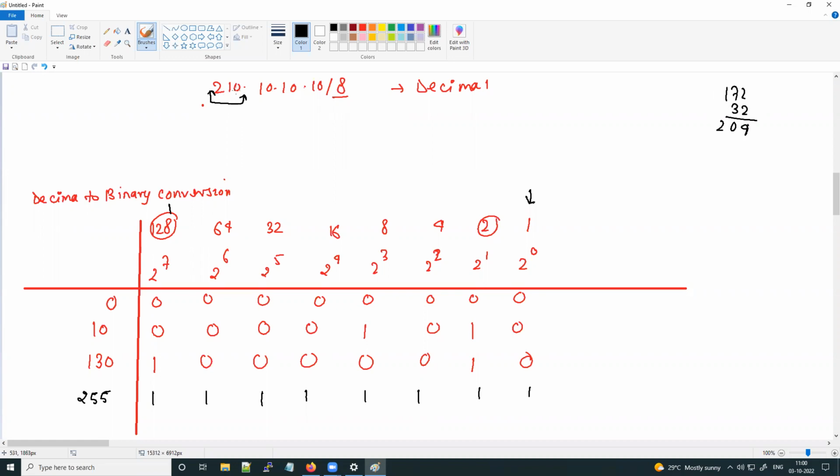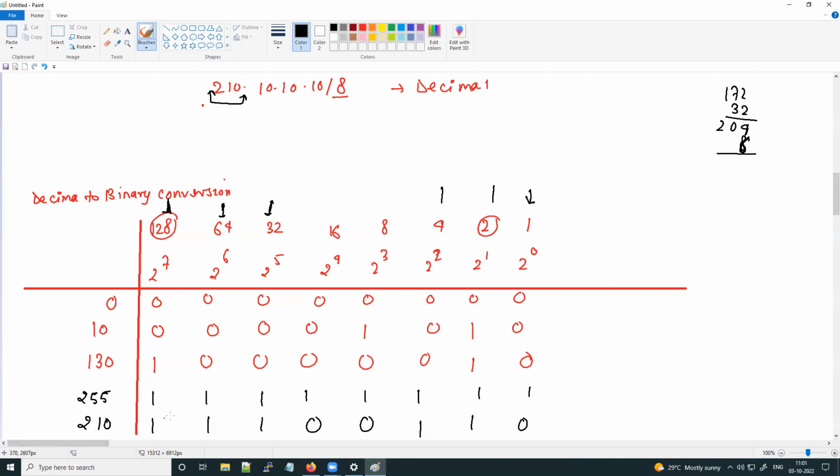We need 210, so we need to add 16 here, and then 2. We need to make this bit 1, this bit 1, this bit 1, and this bit 1, and the rest 0. That means if you want to write 210, it is 1, 1, 0, 1, 0, 0, 1, 0.